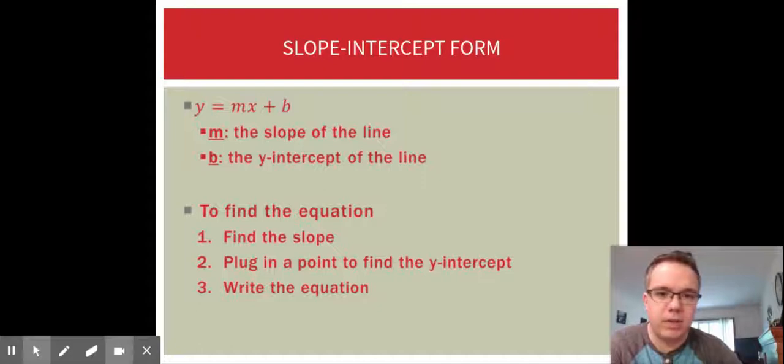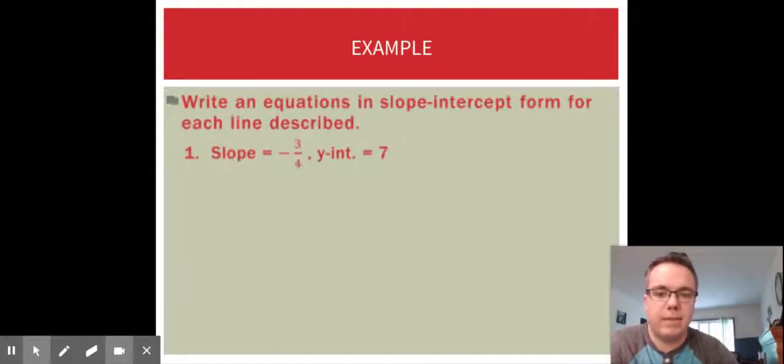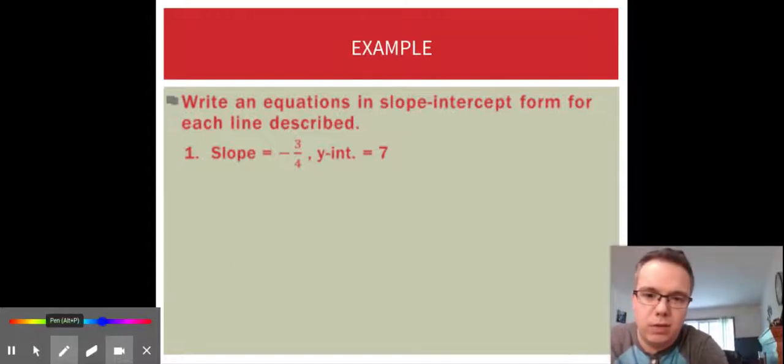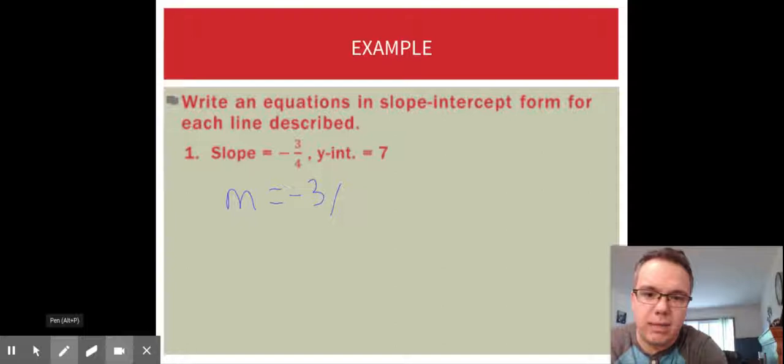So I have a few examples of writing equations of a line in slope-intercept form, and then we'll talk about point-slope form. Our first example: write an equation in slope-intercept form for the line that has a slope of -3/4 and a y-intercept of 7. Remember, our slope is our m, so they give us our m right away.